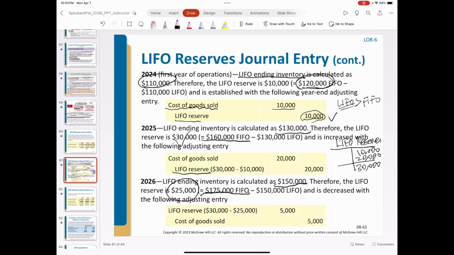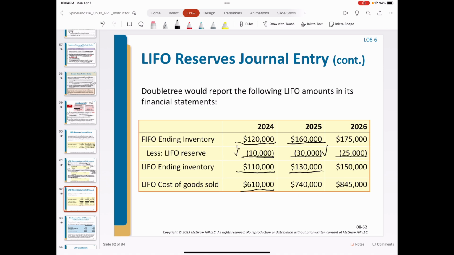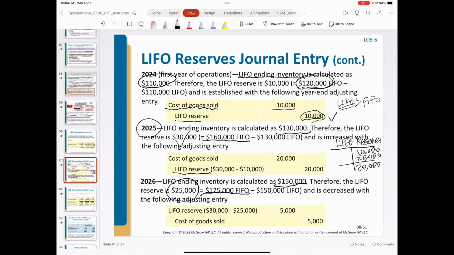Remember, by the end of 2025, the balance of LIFO reserve was 30,000. Now we just need 25,000. So we actually need to make this journal entry by reducing the LIFO reserve by 5,000. So we debit LIFO reserve and credit cost of goods sold 5,000.